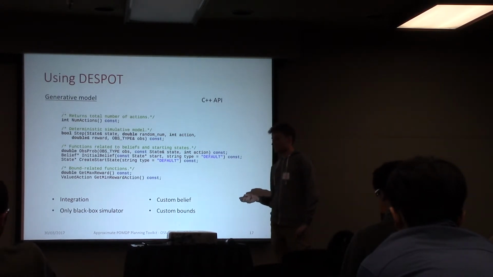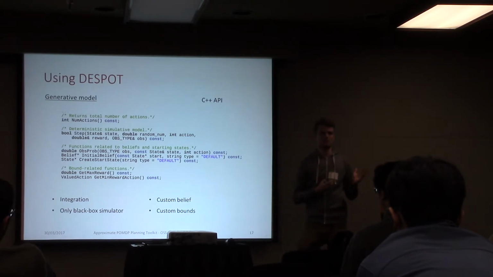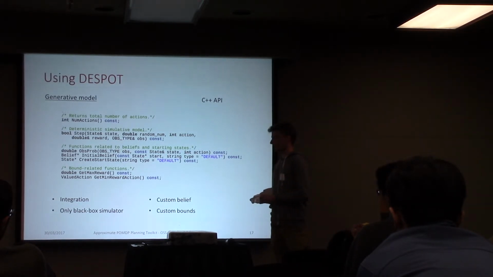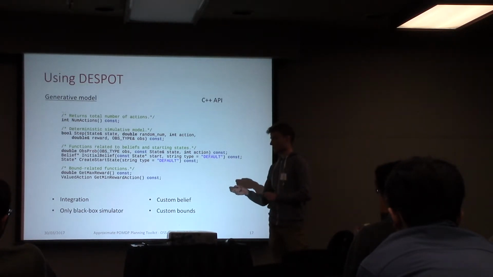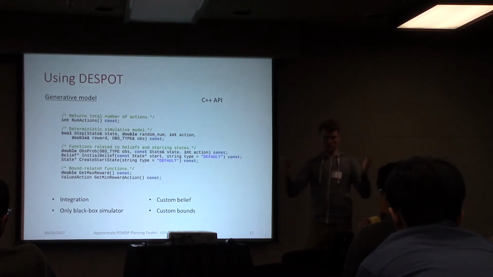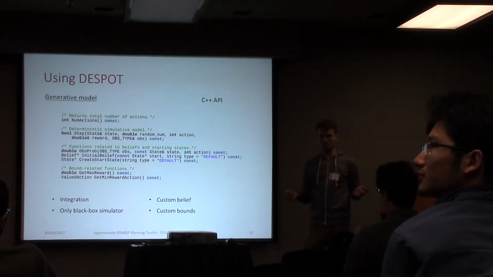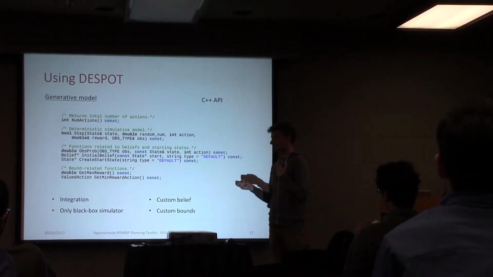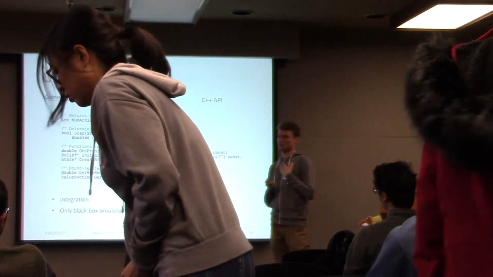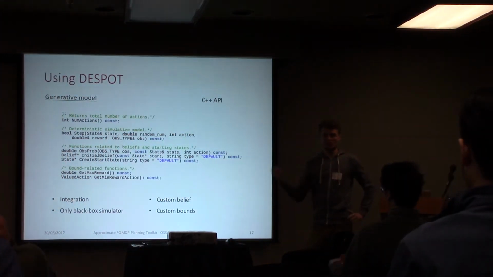Firstly, you can integrate this whole thing into your existing system. But even more importantly, this requires just a black box simulator. So basically, you don't have to represent the whole problem. For a very large problem, it's not very practical, or even possible, to represent it in a table format. So this one just generates values, let's say like states and observations, given a random number.